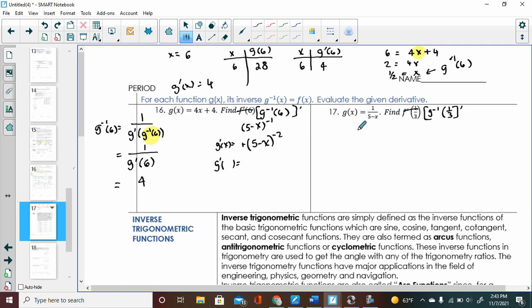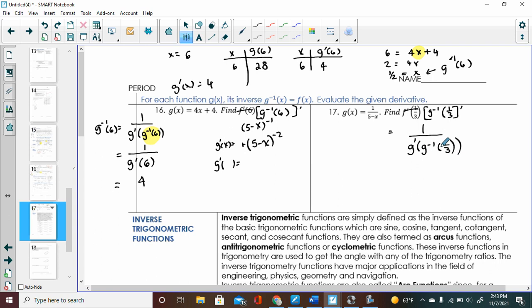All right, now I am going to write this out. This equals, this derivative of this inverse equals 1 over g prime of the inverse of 1/3.